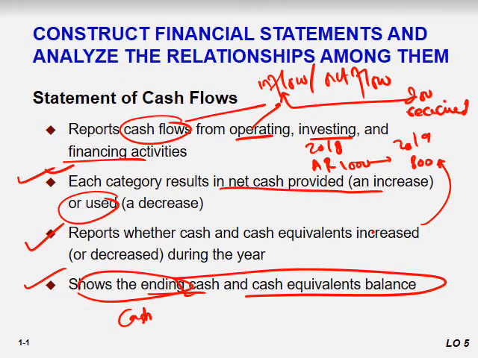The ending balance of cash in the statement of cash flow matches the cash on the balance sheet. We'll talk about it in detail when we learn how to make the statement of cash flow. Right now the objective is just to understand the four financial statements, their elements, and the relationship of those statements.